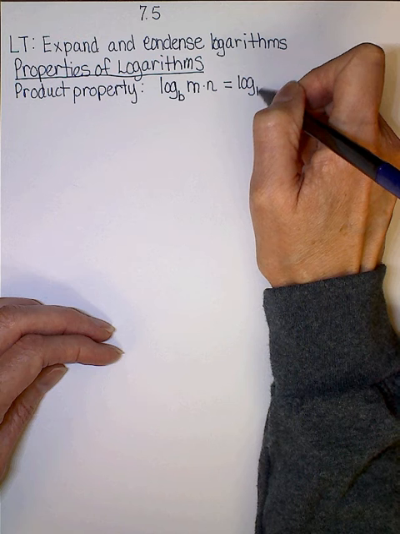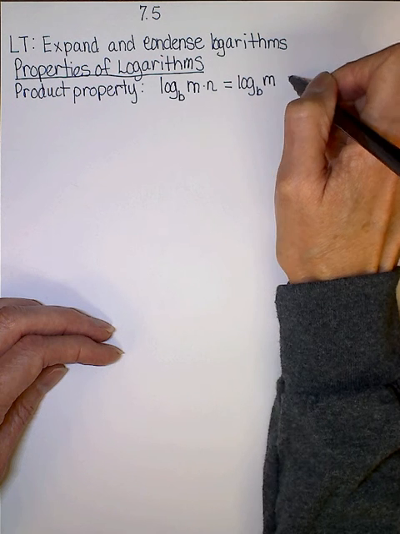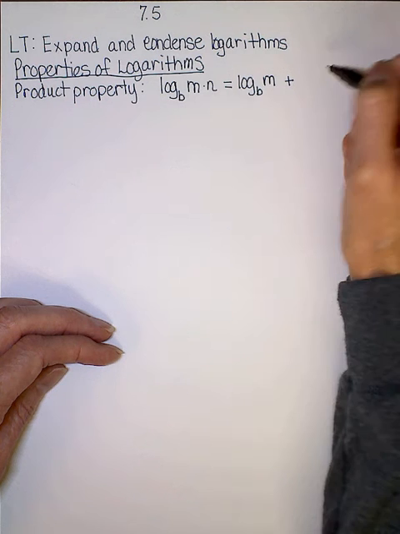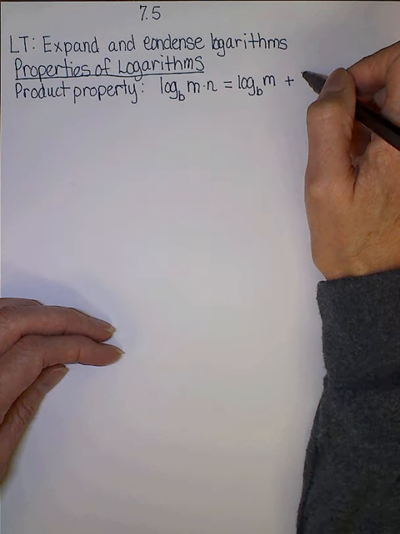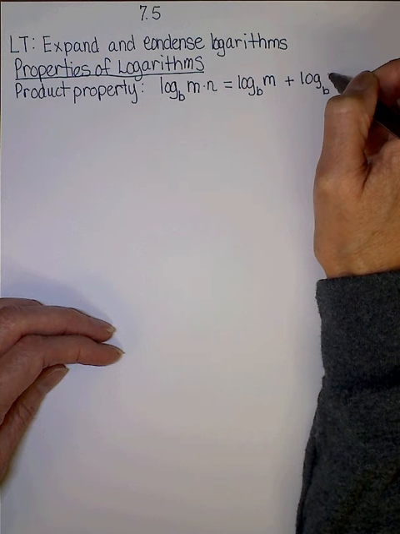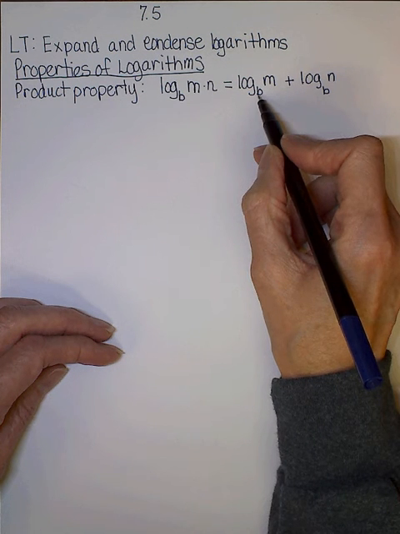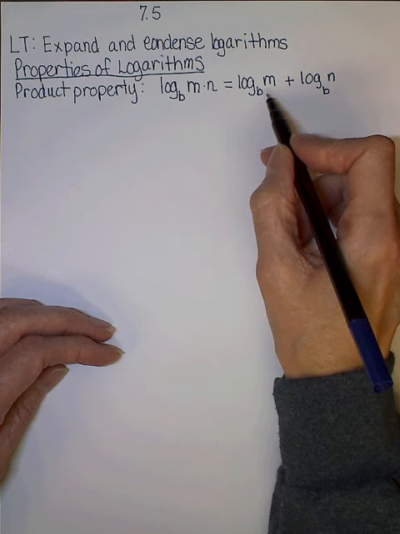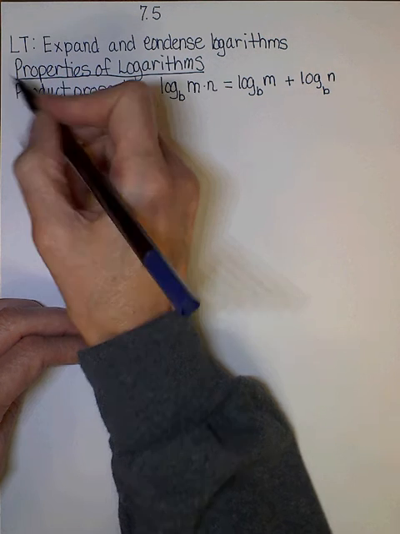And this is similar to when we multiply exponents. We know we add the exponents. Or what I mean is when we multiply with the same base, we add the exponents. So this is similar. If there's a product right here, we can expand it out to 2 logarithms with the same base with addition, is what we're trying to do.